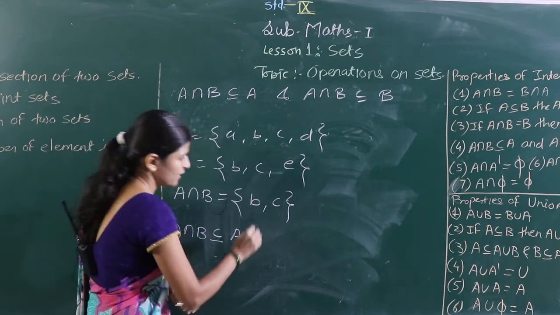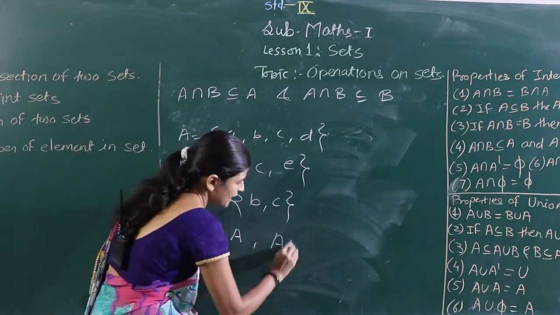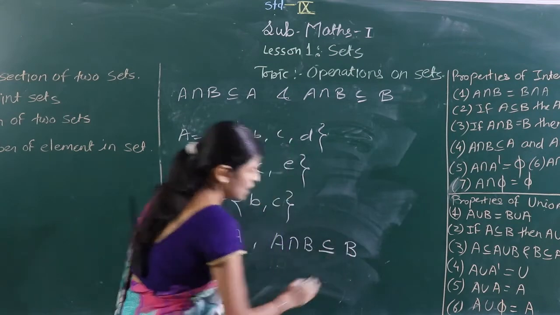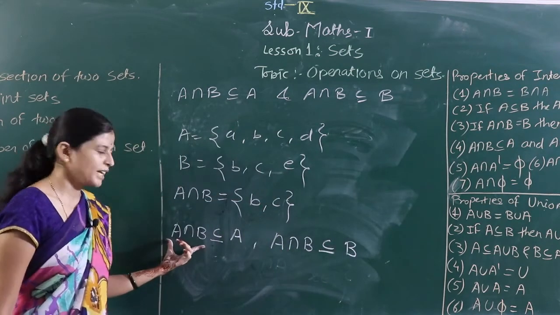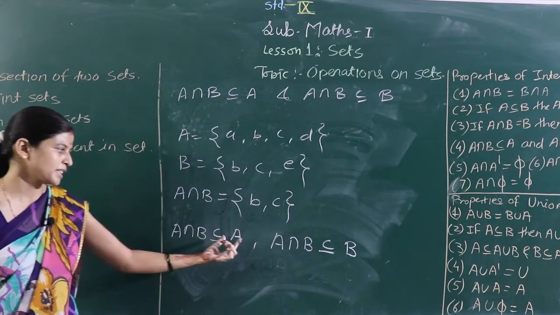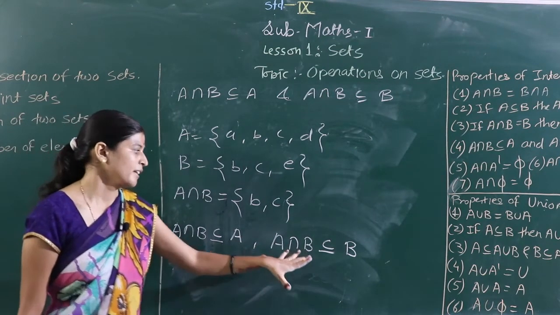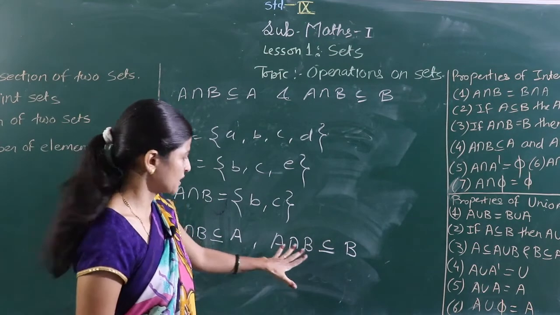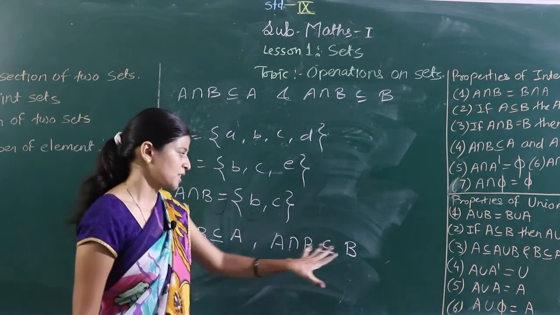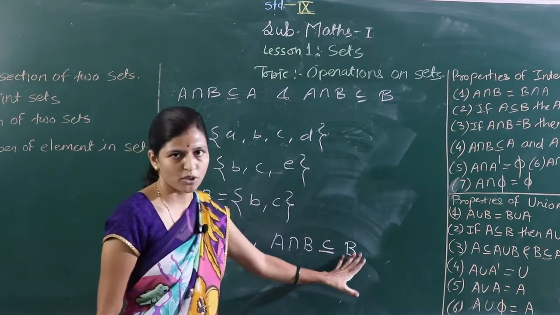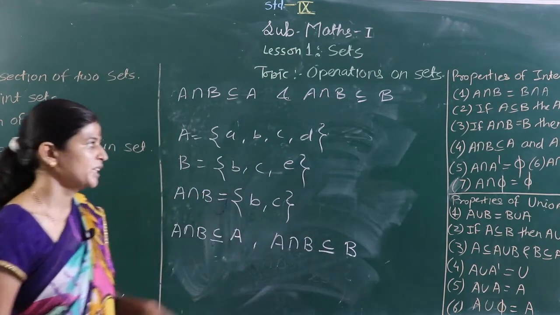So from the subset definition we write here A intersection B is a subset of B. According to the subset definition, all the elements of A intersection B are present in set A, therefore A intersection B is a subset of A, and all the elements are present in set B also, that means A intersection B is a subset of B. This is our property 4.